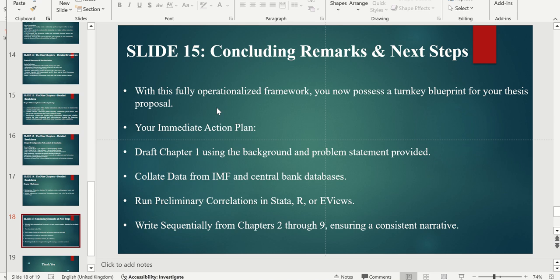Even one page every day brings you closer to completing your thesis or thesis proposal. Remember, every published research once started with a blank page. If they can do it, so can you.